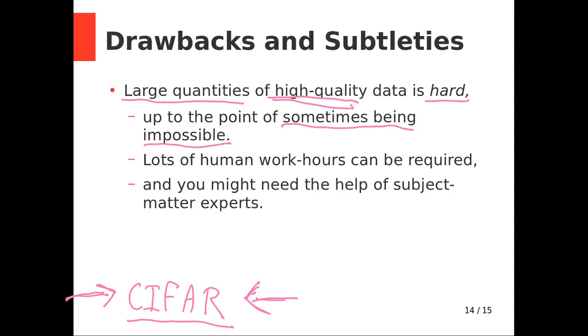So lots of human work hours could be required, right? If you're working on an image corpus, then you have to label them, which basically means you probably have to have some human go through hundreds, thousands, millions of images and label everything in the image. Not every group is going to be able to do that. Those kind of human work hours end up being expensive, right?